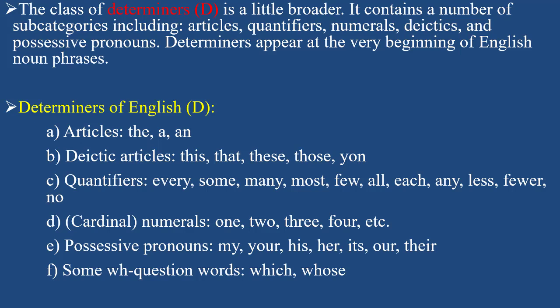We have articles, a and an. We have demonstrative articles: this, that, these, those. Quantifiers: many, much, all, few, little, etc. Cardinal numerals: one, two, three, four, etc. Possessive pronouns: my, your, his, etc. And some WH question words like which and whose. So these are determiners.